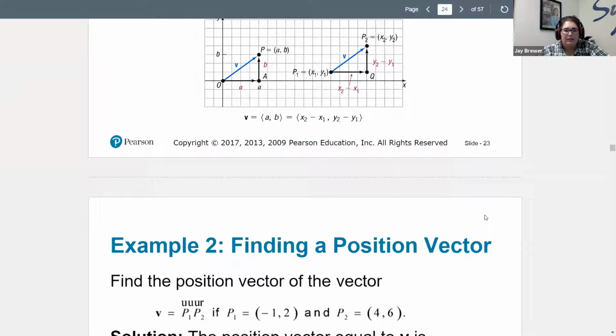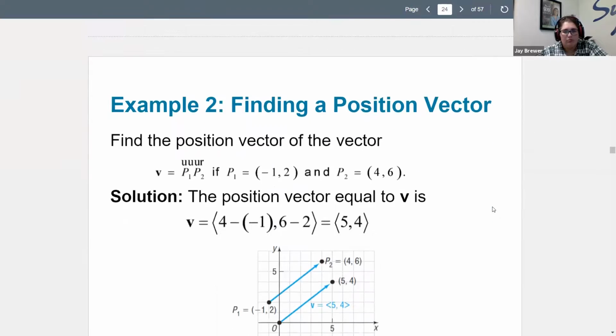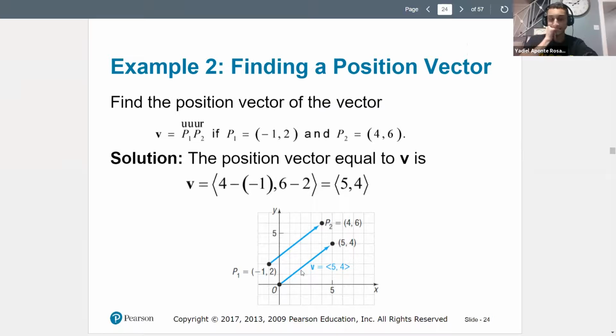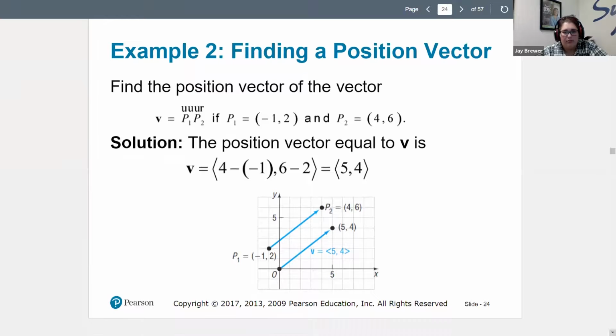How would we find the vector? You take the second x and subtract it from the first one, which is 4 minus -1, which would be 5. And then you take 6 minus 2 and you get 4. Okay, so 5, 4. All right, there it is. So that was finding a position vector given an alternative vector.